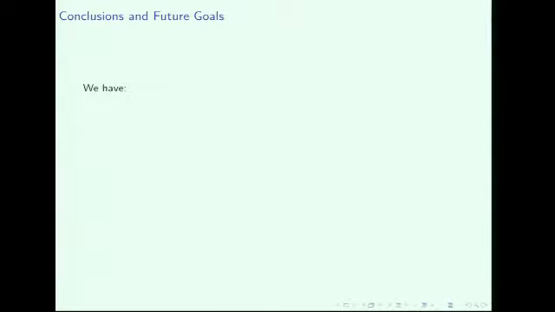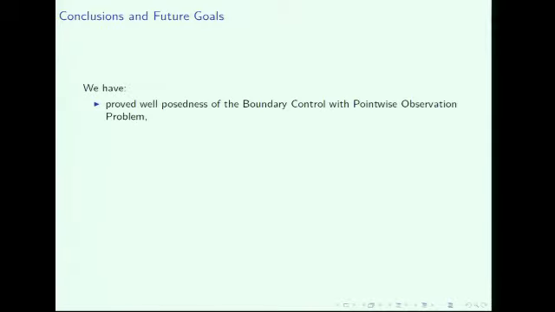So to conclude, we have proved well-posedness for the problem of interest. Then we have written down a FEM code using FreeFEM and using TetGen as a mesh software, and then we have done some numerical tests of reliability.